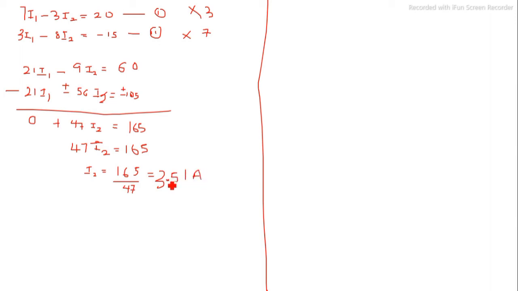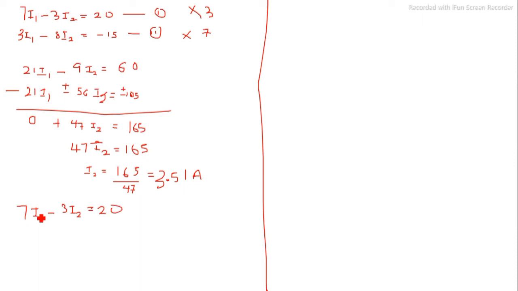So we need to know our I1. You can pick any of these equations, so let's pick equation 1: 7 I1 minus 3 I2 equals 20.